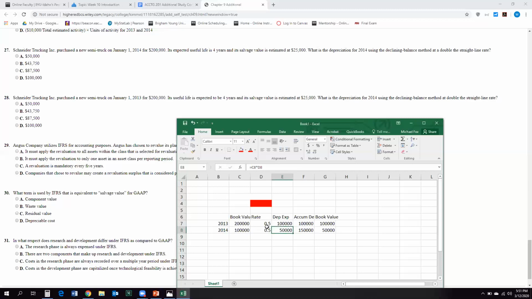Because if you think about it, we're doing 50% of the whole amount in the first year, and then 50% of half of that in the second year, which would be the same as 25% of the whole amount. So we're depreciating 75% of it by the end of the second year, which is the same as 50,000 left out of the 200,000.